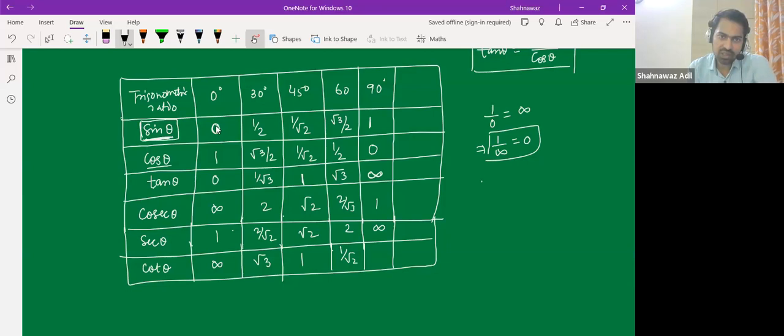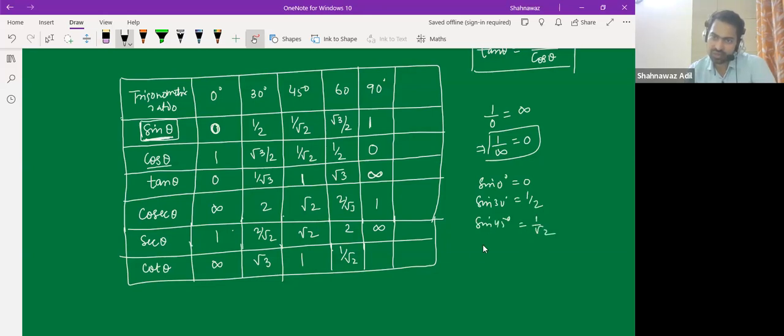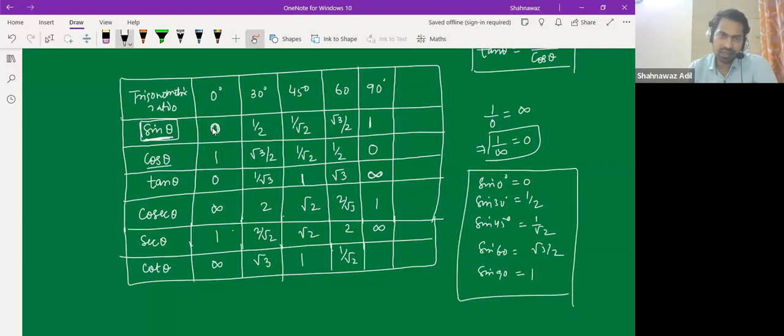Sine of 0 degree is 0, sine of 30 is 1 by 2, sine of 45 is 1 by root 2, sine of 60 is root 3 by 2, and then sine of 90. So these things we have to remember. And the rest we can derive.